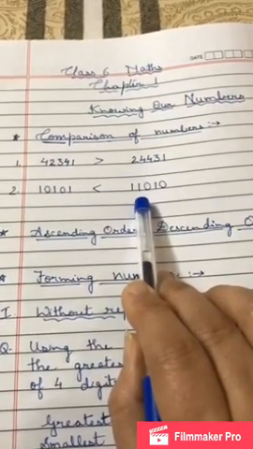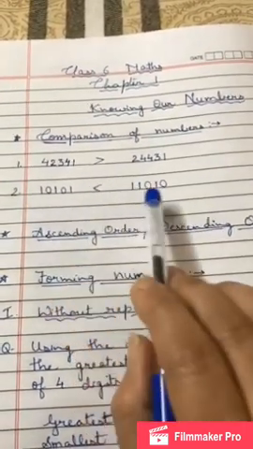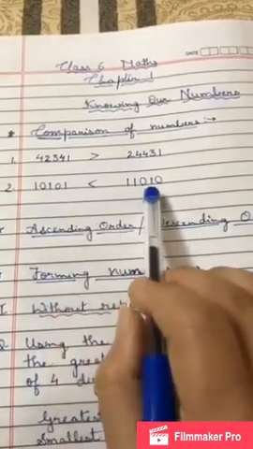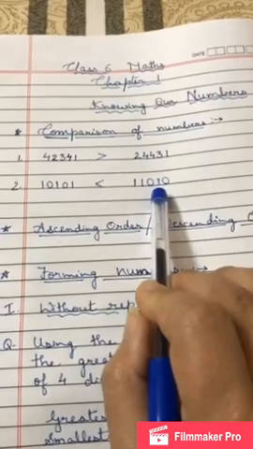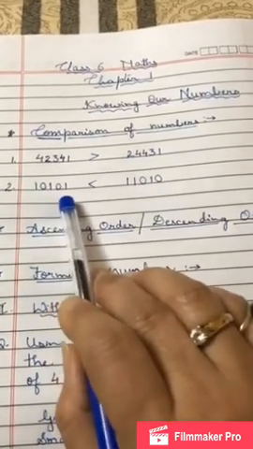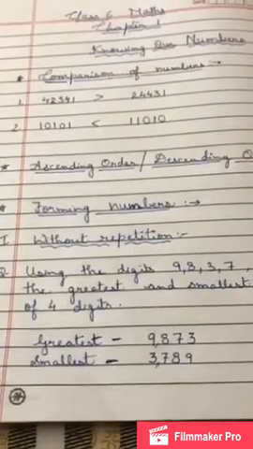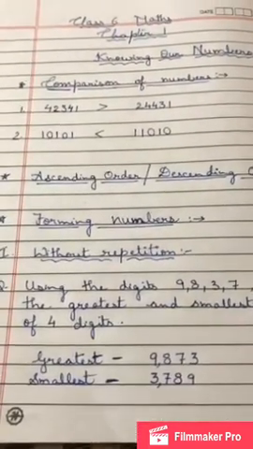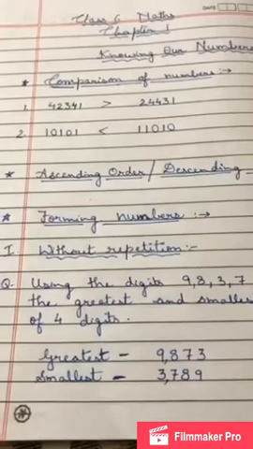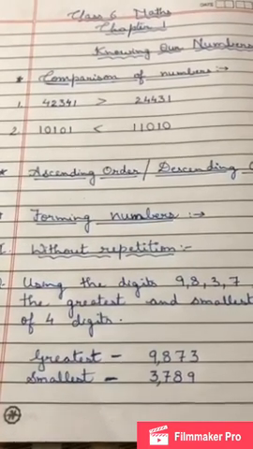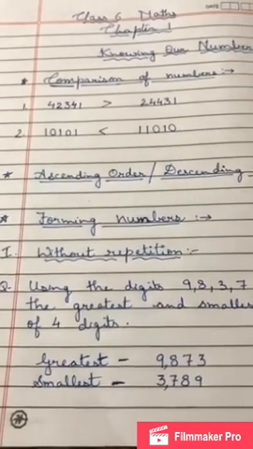So which is greater? 1 is greater than 0, and so clearly the second number is greater, that is 11,010 is greater than 10,101. So students, in this way we can compare any two given numbers and check which of the two numbers is greater and which is smaller.